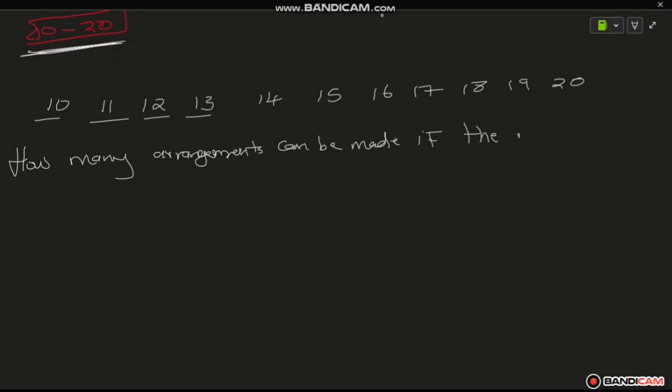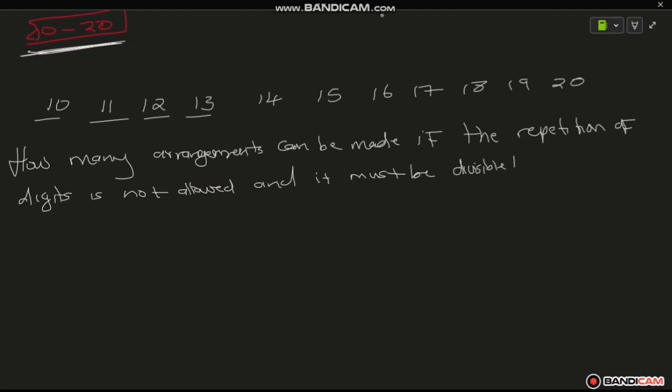If the repetition of digits, they ask us to make a 4-digit pin out of 10 to 20. If the repetition of digits is not allowed, and it must be divisible by 2.